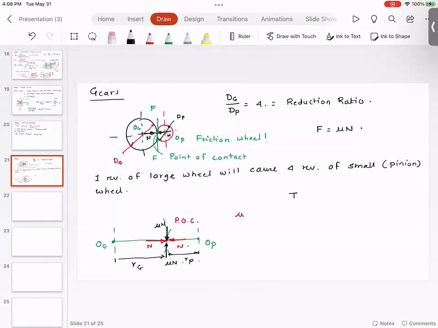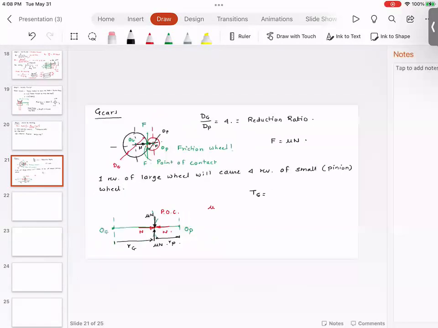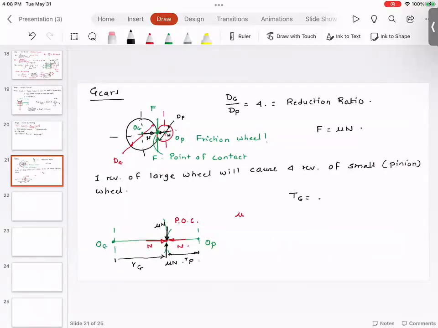So torque on the gear is equal to mu N times the radius of the gear. Torque on the pinion is mu N times radius of the pinion. And please understand, the radius of gear is more than the radius of pinion. What that means is torque on the gear is greater than torque on the pinion. Are you with me so far?